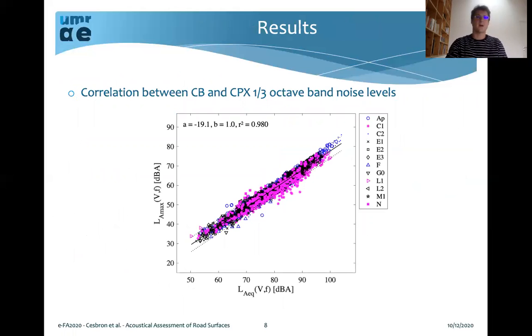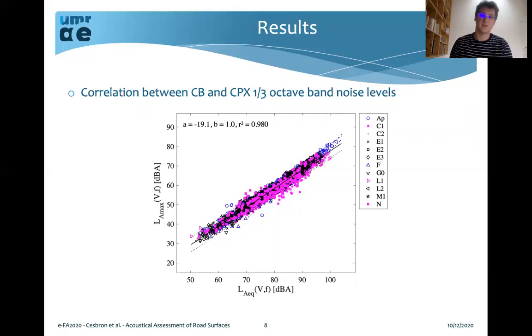Regarding the results now, if we look at the correlation between the coast-by and CPX third octave band noise level, we obtain a very good correlation, including the low speed range from 30 to 60 kph, which is relatively new here.